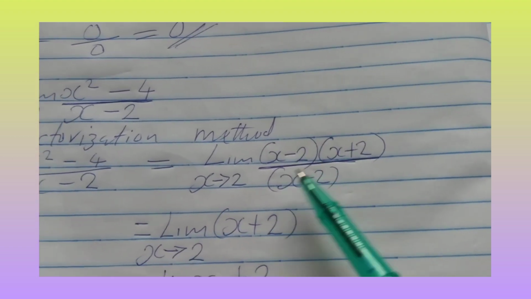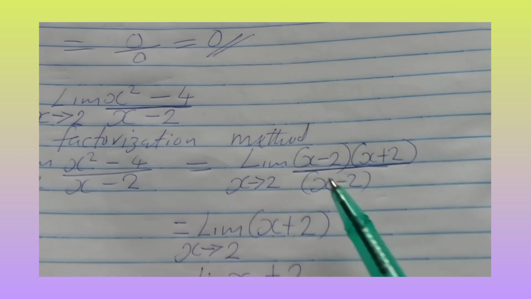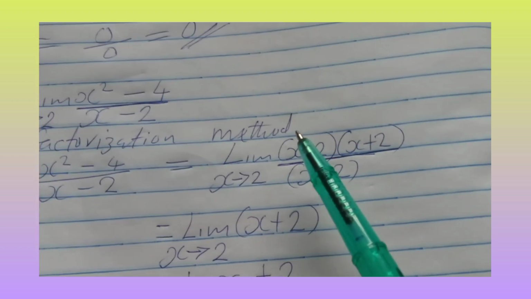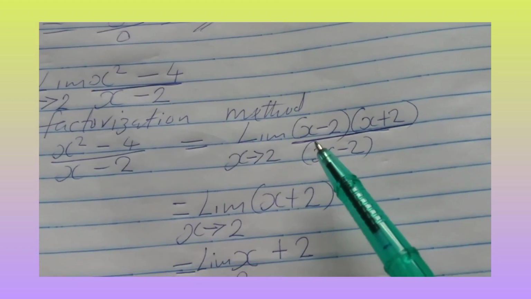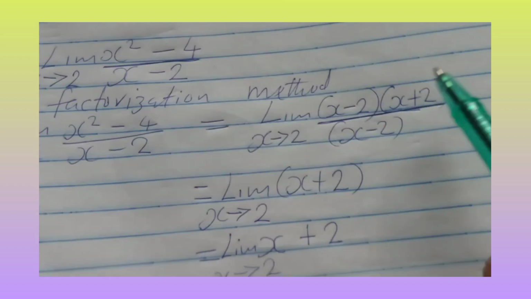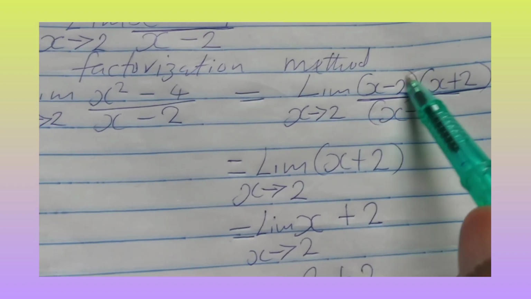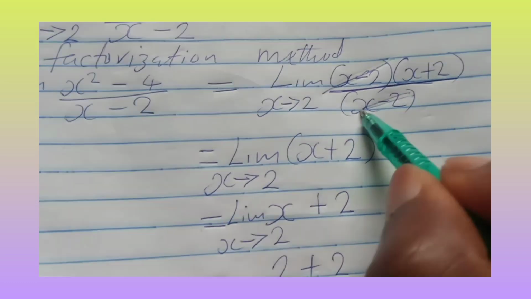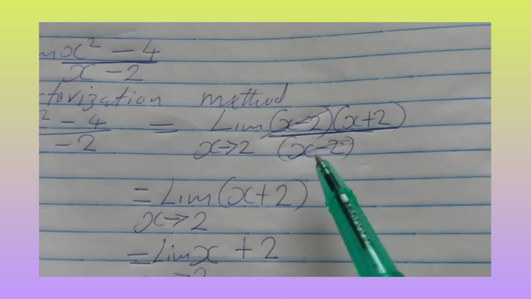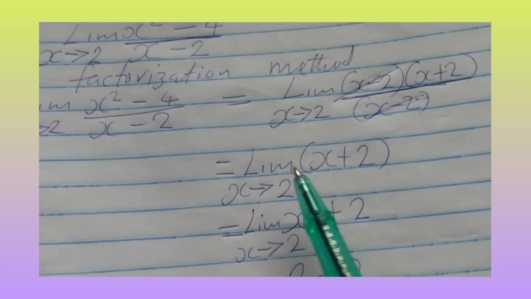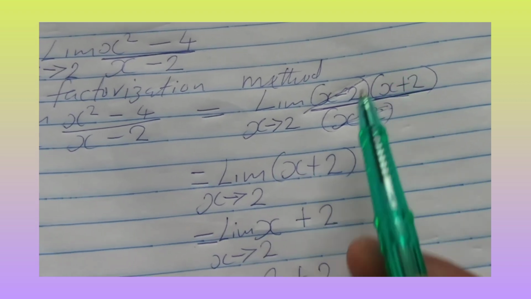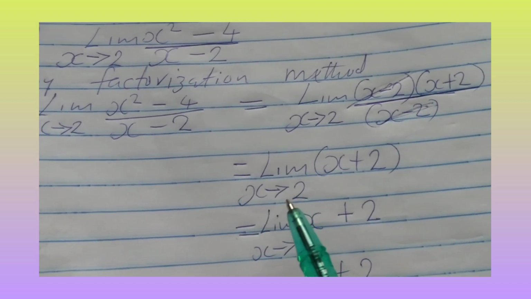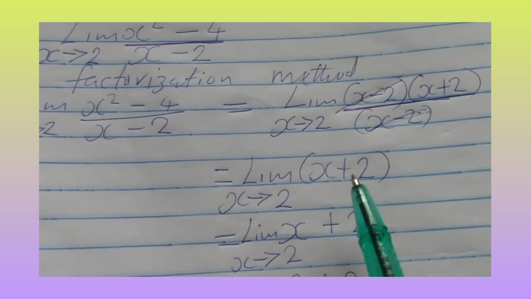So all over x minus 2, you see that there's something common between the numerator and the denominator, which is x minus 2. The x minus 2 in the numerator will cancel the x minus 2 in the denominator. What remains is x plus 2. So we become the limit of x plus 2.